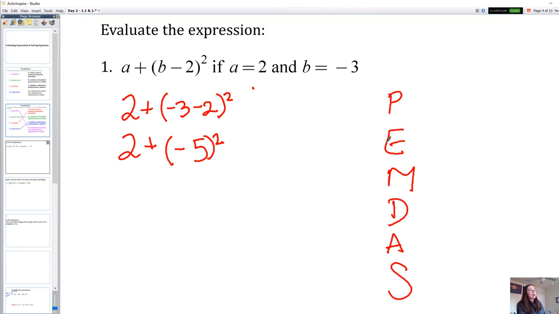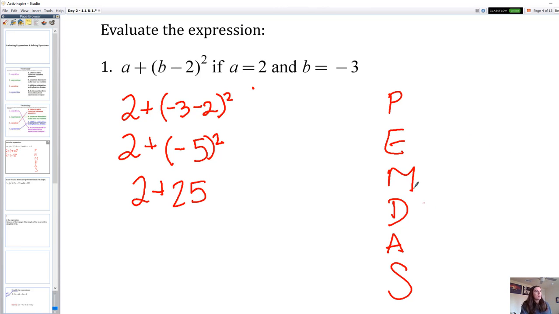So any exponents that we have, we're going to go ahead and apply those. Here we have this exponent of 2. So we need to figure out what negative 5 squared is, aka negative 5 times negative 5. So negative 5 times negative 5, and negative times a negative is a positive. So we have positive 25. So we're at 2 plus 25.